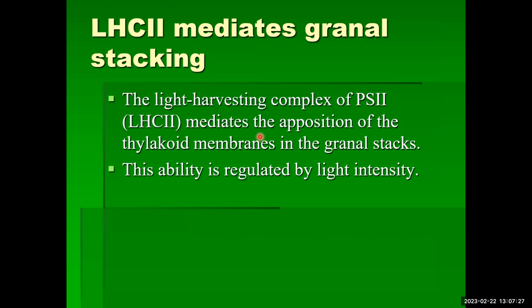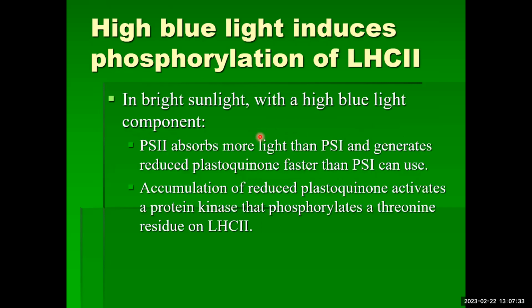The ability of the light harvesting complex of PS2 to do that is regulated by light intensity. So in bright sunlight that has a high blue light component, photosystem II absorbs more light than photosystem I. You get a big pool of reduced plastoquinone, much more than PS1 can use.